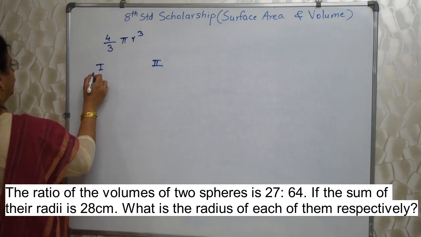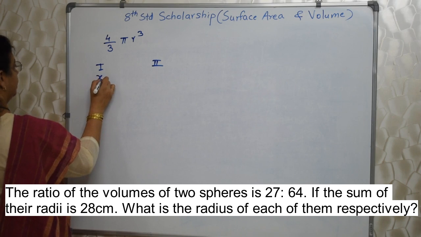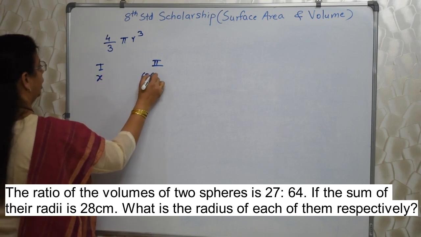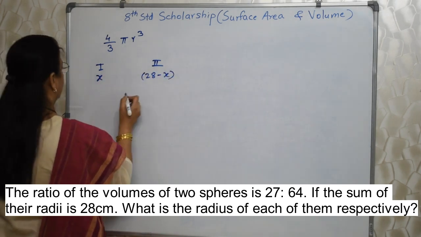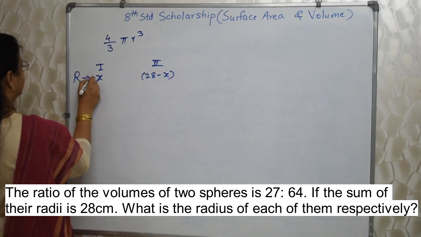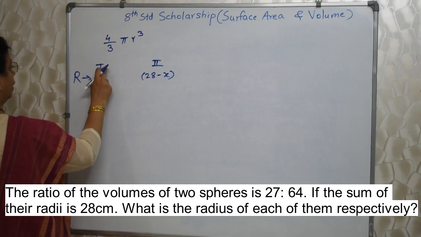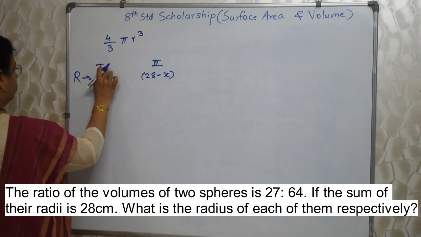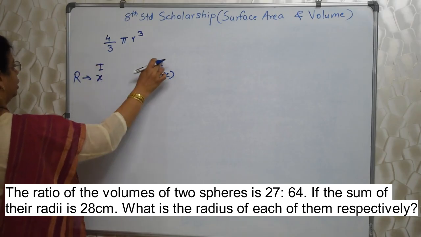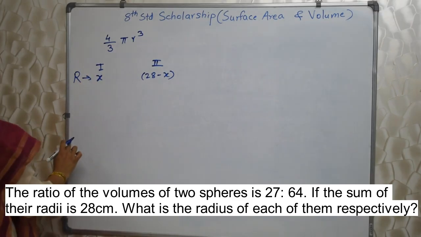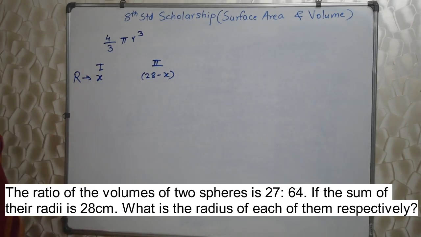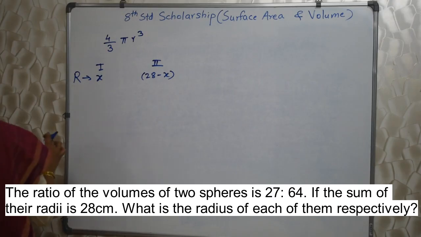The radius of sphere 1, if we assume as x, the other one will be 28 minus x, because they are saying the sum of both the radii is 28.